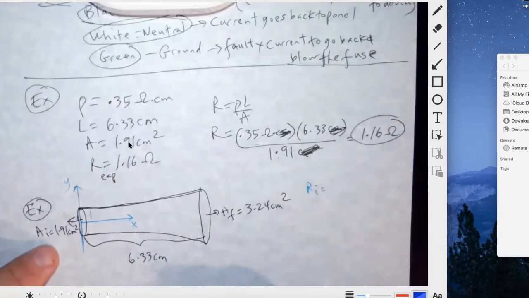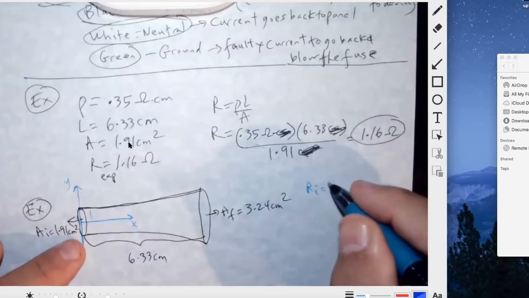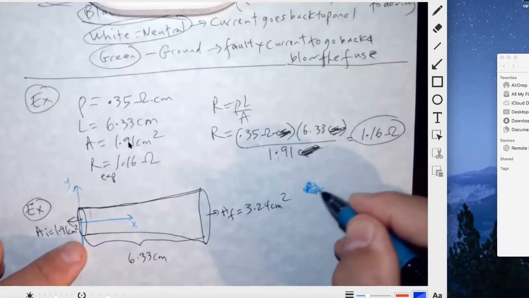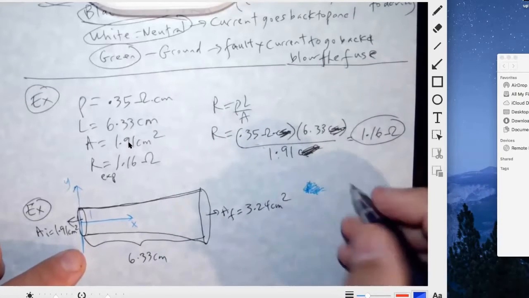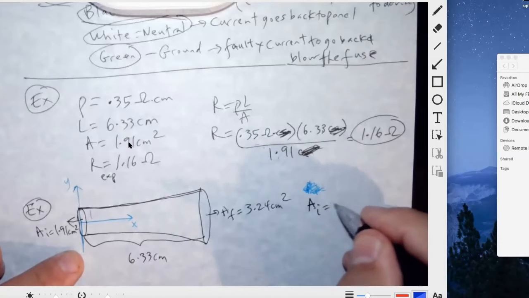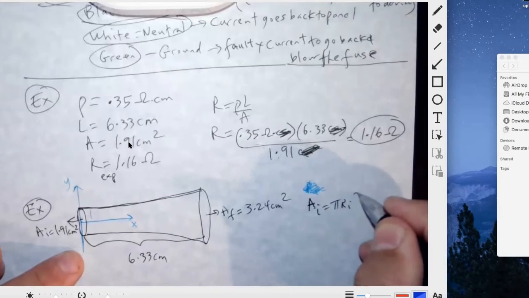Since the area is pi r squared, the initial area is equal to pi r initial squared.